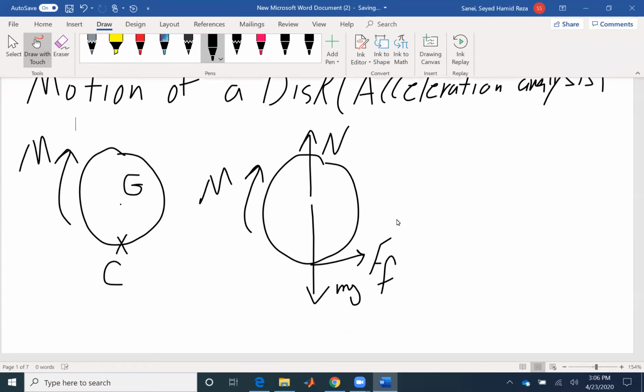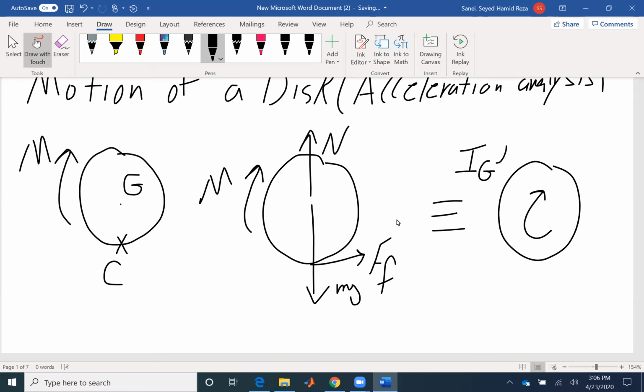If it is pure rolling, and I have to draw the kinetic diagram. I have Ig alpha, m AG.